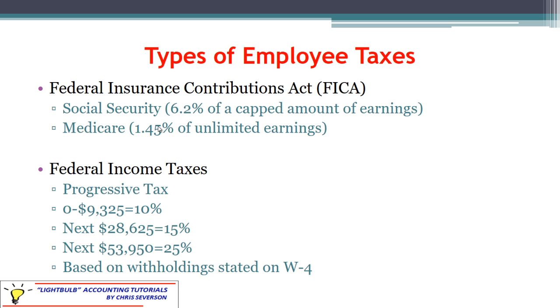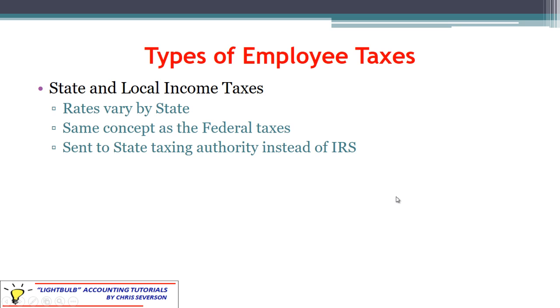You don't want to owe an excessive amount at the end of the period, and you really don't want to be getting too big of a return, because that means you've lost out on the potential to use that income throughout the period. So that's the federal income tax.